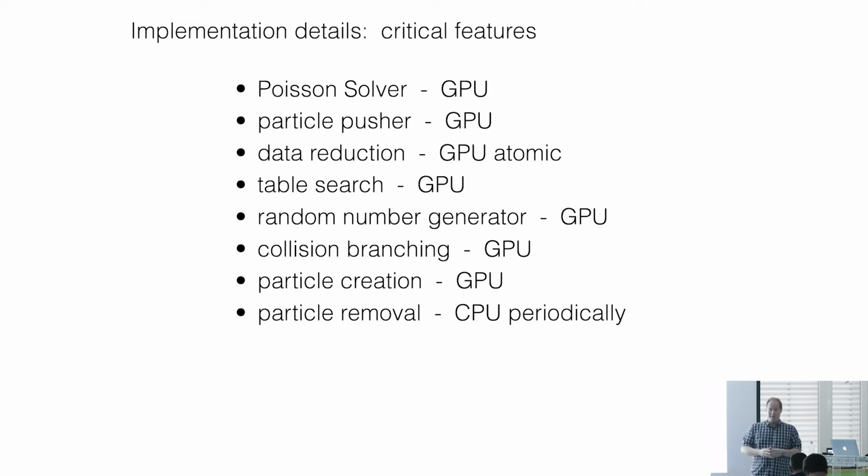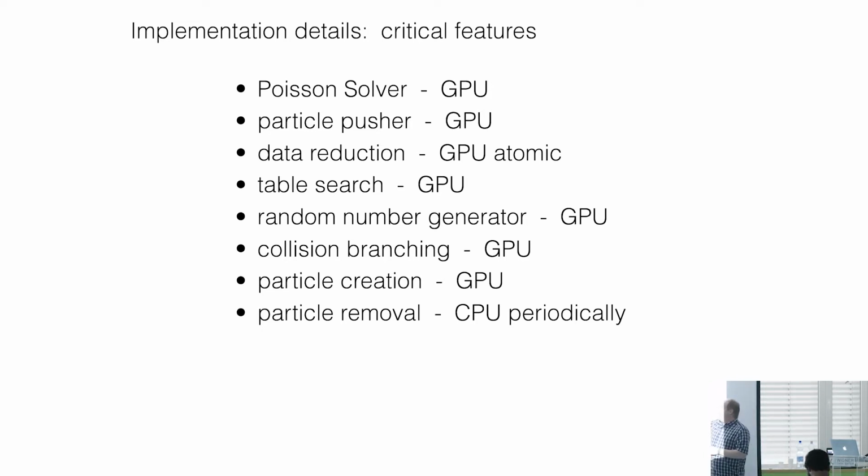The particle pusher means that you move the particles in one time step. Then, of course, in each time step, you have to collect all the densities, because you need that for the Poisson solver. So you have to do a reduction and get all the particle positions and form a density distribution on the grid, because that's the input for the Poisson solver.